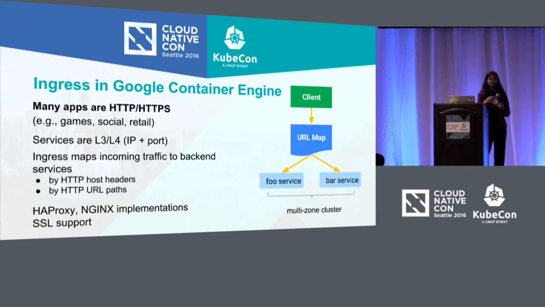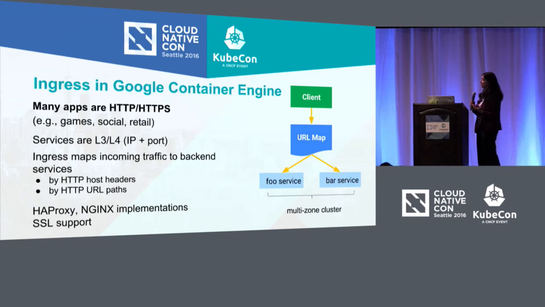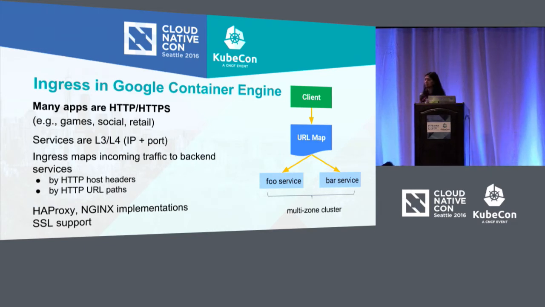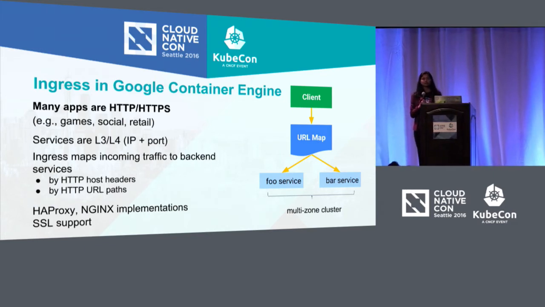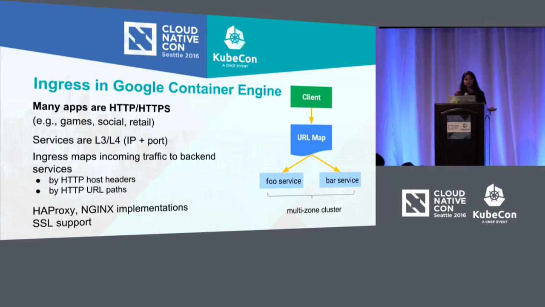The Ingress resource itself is no different than it is in the open source. Essentially, customers want to be able to send traffic based on the URL to the appropriate part of the cluster. And that's what Ingress enables.